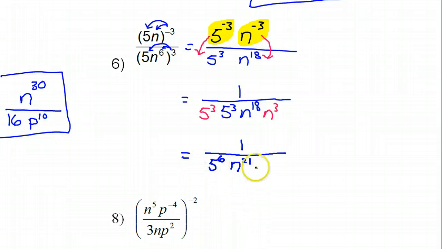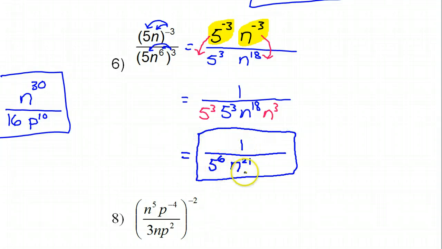And we really can just leave it like this. This can be our final answer. 1 over 5 to the 6th, n to the 21 power. Now, if somehow you did this all out, like 5 to the 3rd power is 125. So maybe you did that. And then 5 to the 3rd power, again, is 125.